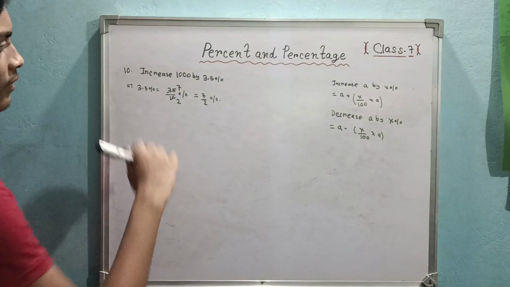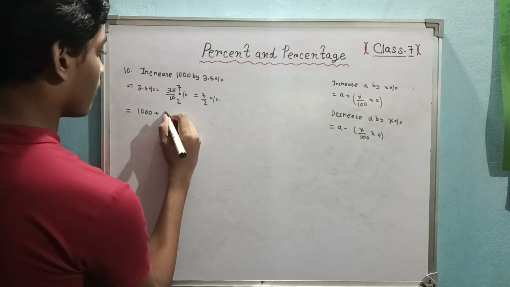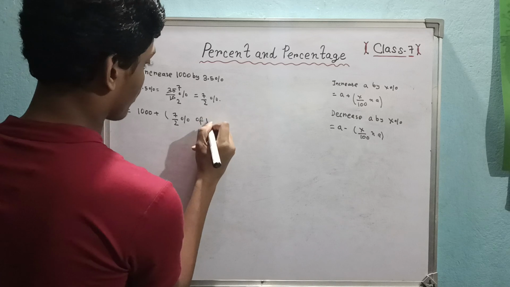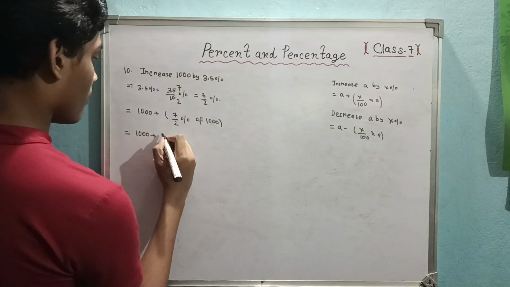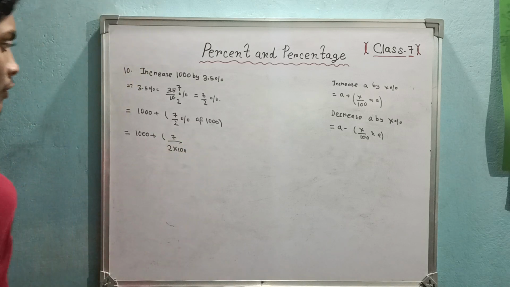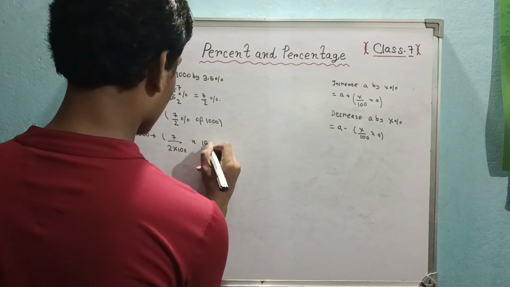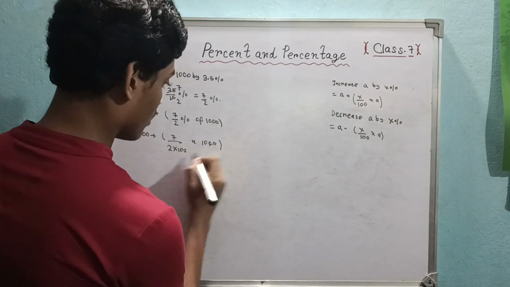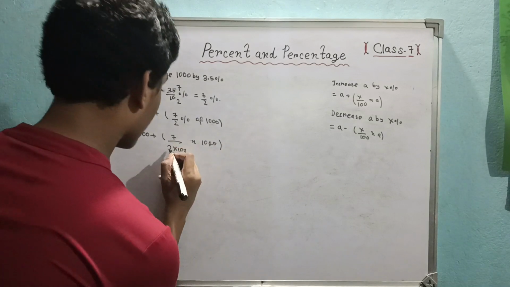So now what can I write this as? You know the formula: 1000 plus 7 by 2% of 1000. So this will be equal to 1000 plus 7 by 2 into 100, of means multiplied, into 1000. Now let's do simple division. 2 zeros get cancelled out. 2 is there.